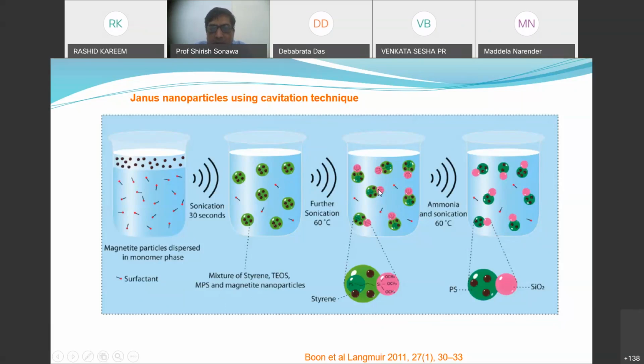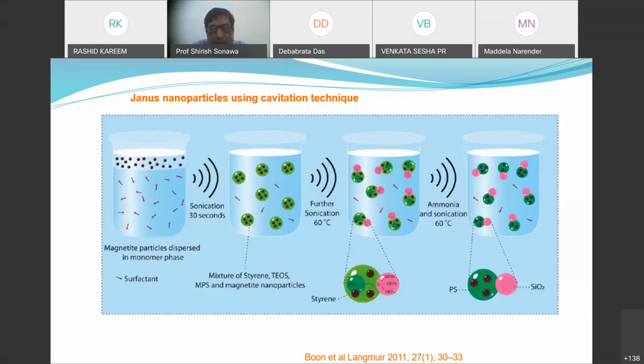Then surrounding that, after a certain condition, after 10 minutes, we can add this TEOS, and then you will have this latex. So you will have the final formation of polystyrene latex, which has a magnetic property along with the SiO2. I mean to say this kind of polymeric fluid we can prepare, which can give you the magnetic property.